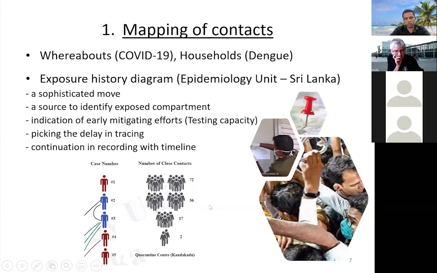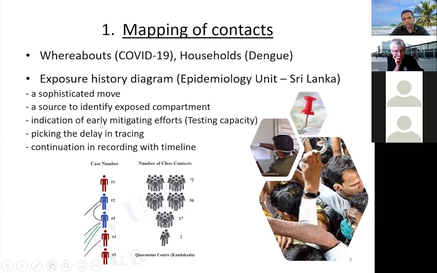In our models also, if you model something related to testing capacity and the strength of getting the close contacts, we can numerically quantify something by looking at this kind of data source. Even the exposed compartment can be indirectly identified using this. This preliminary group may be the exposed compartment.